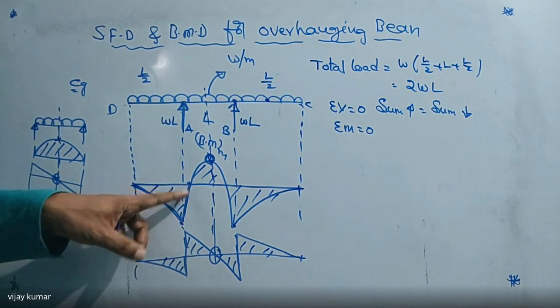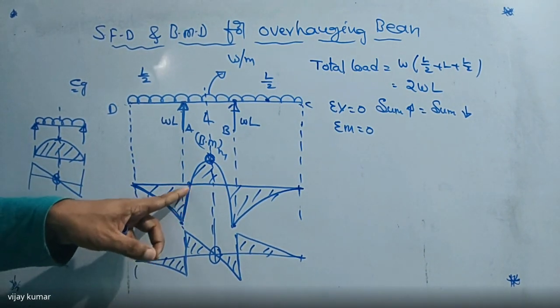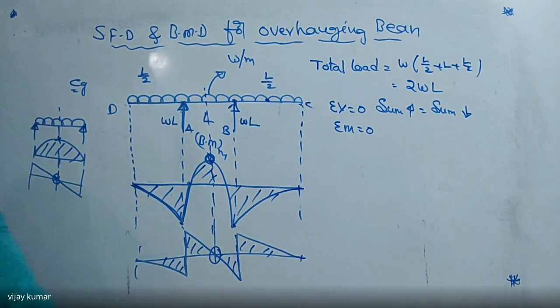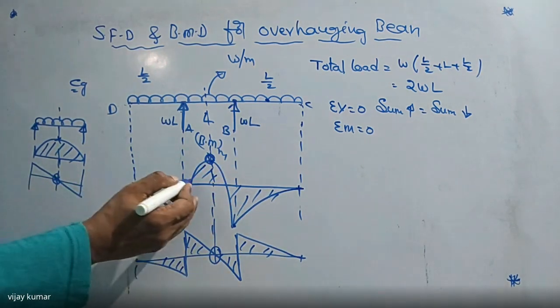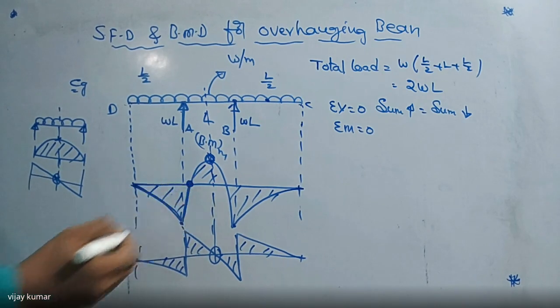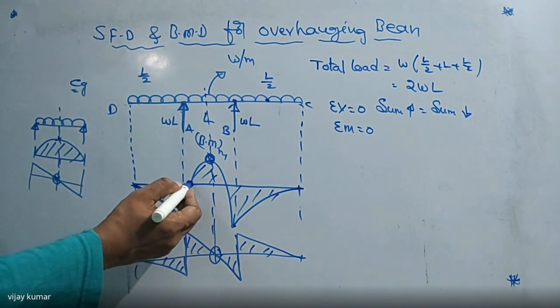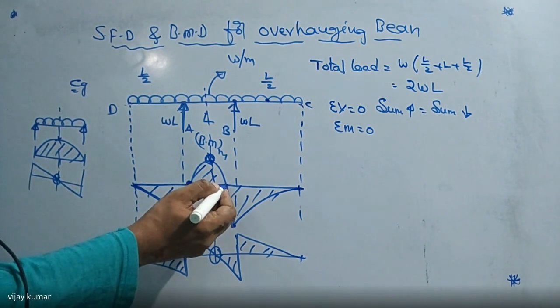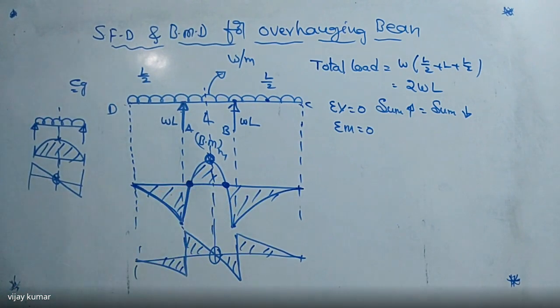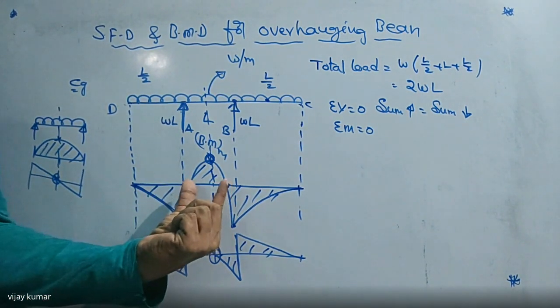So up to this one is negative, negative, 0, and after that it goes to positive. The point where the bending moment changes its sign is always named the contraflexure point. It is also a contraflexure point. So how many contraflexure points for this case? We have two contraflexure points.